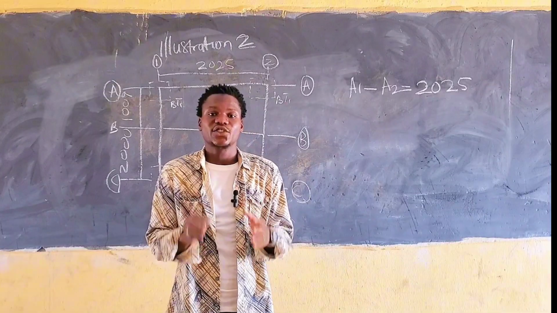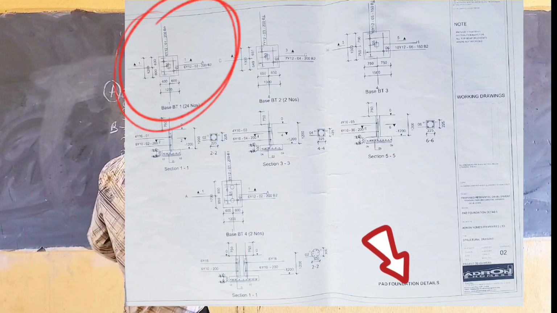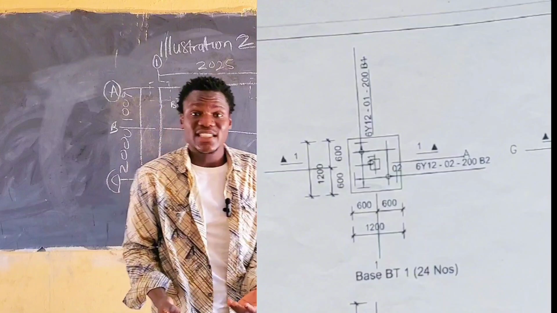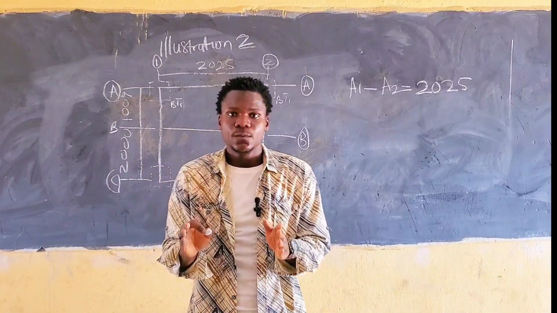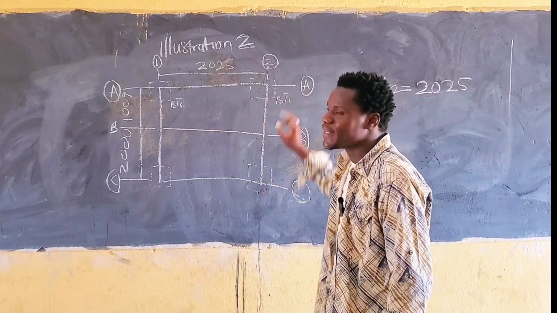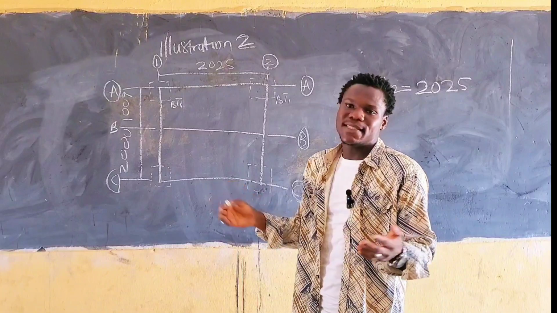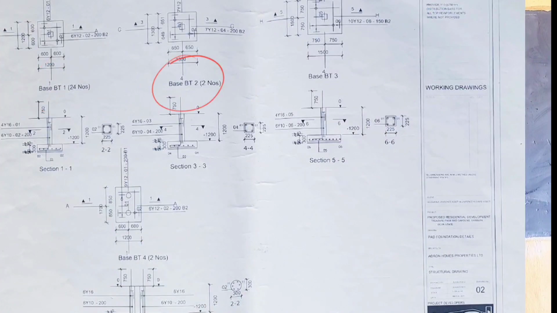So we'll go through our structural drawings to our part foundation details and check the dimension of base type 1. The structural engineer will usually prepare a drawing for you, specifying where the dimensions of all the base types will be specified. The base types can be as many as 4. You could find base type 1, base type 2, base type 3.